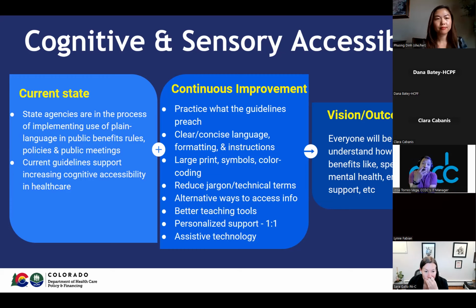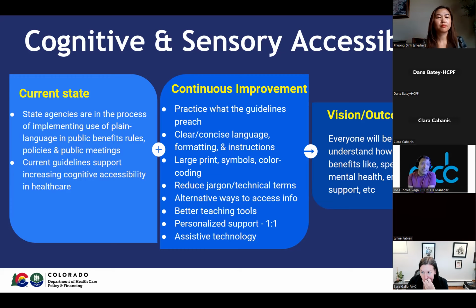For example, I imagine this presentation will be very confusing for someone with certain types of autism. It will be very confusing. They will not understand anything I'm saying, even though I'm an expert in disabilities. I'm making this presentation for the state, and therefore I'm not making all the adaptabilities that I could be making.